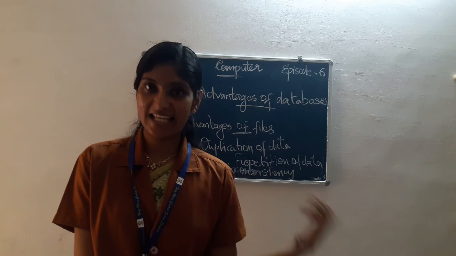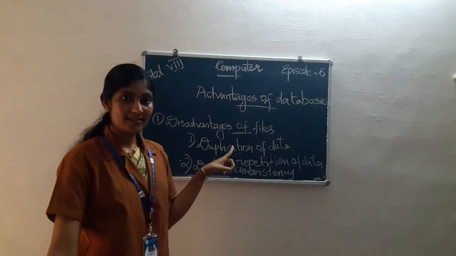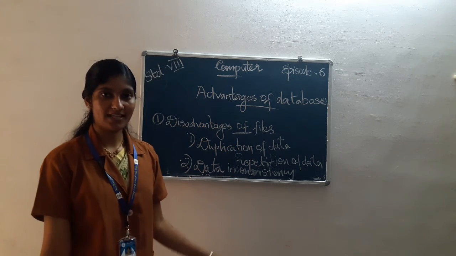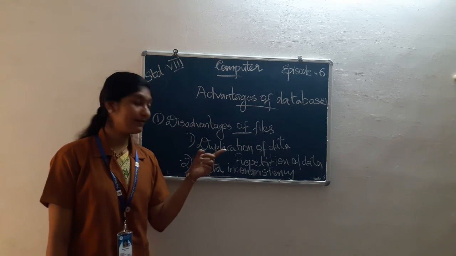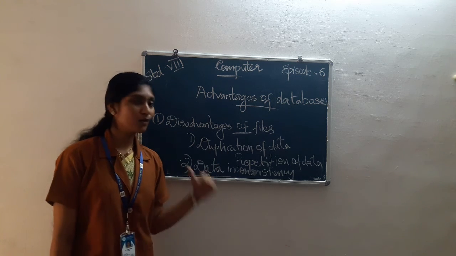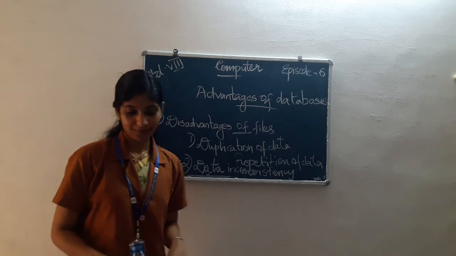That is, the data is inconsistent. Data inconsistency is a result of duplication of data. When a file has the same data in different places, it also causes another problem, that is data inconsistency.